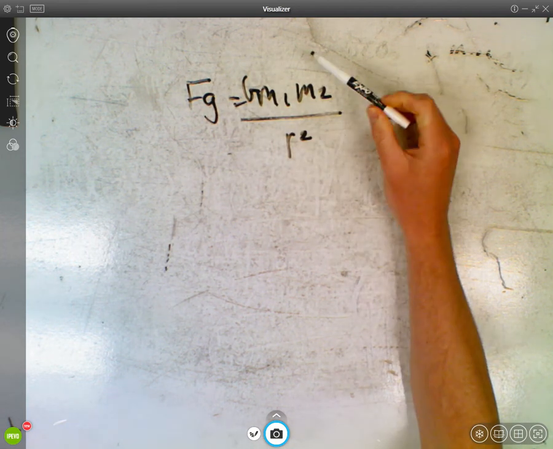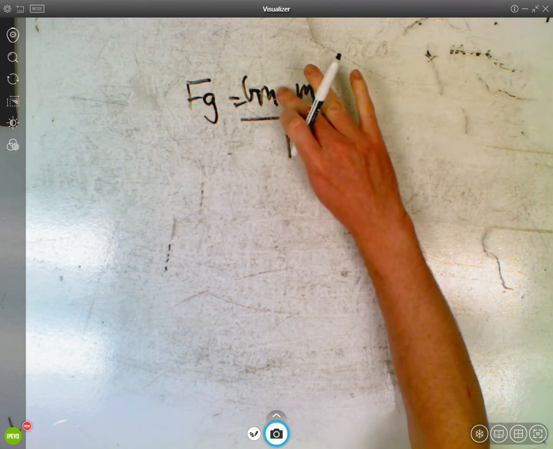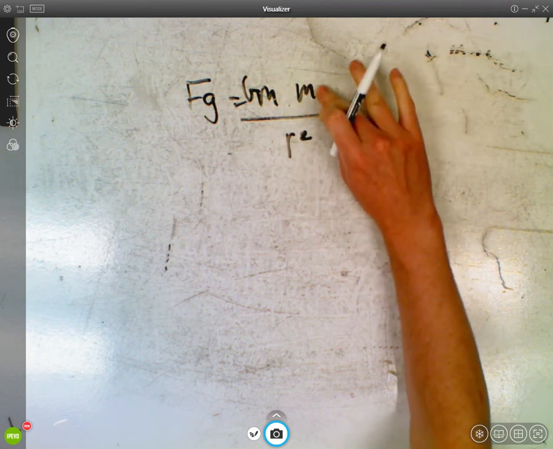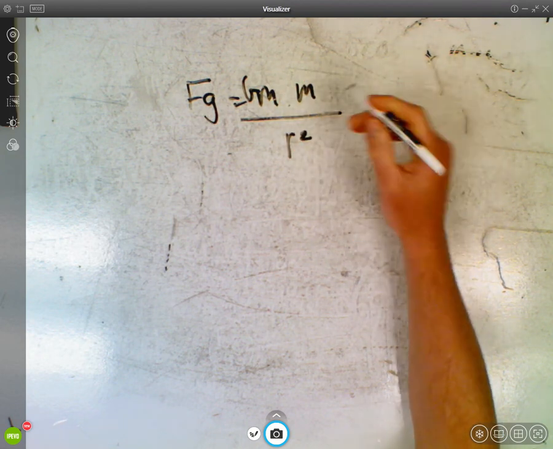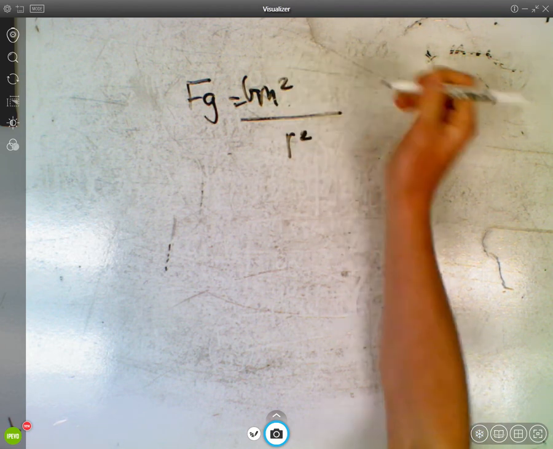So the way the question is set up, we don't know mass 1 and we don't know mass 2. But it does tell us information. It says that the two objects are identical. So if the two objects are identical, calling it mass 1 and mass 2 isn't necessary because they're both masses. And if we go mass times mass, then we can just call that mass squared.